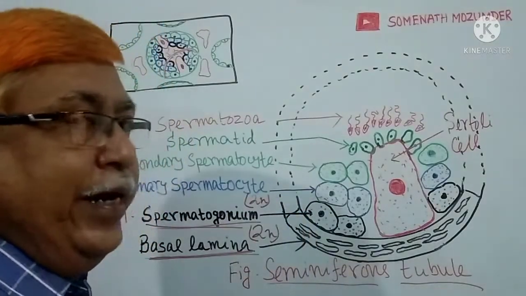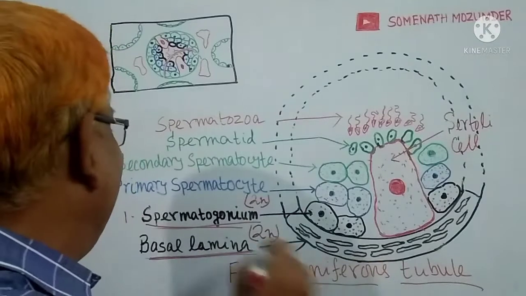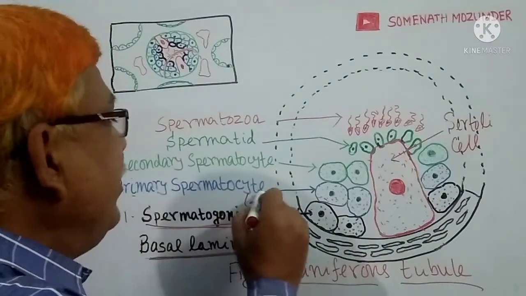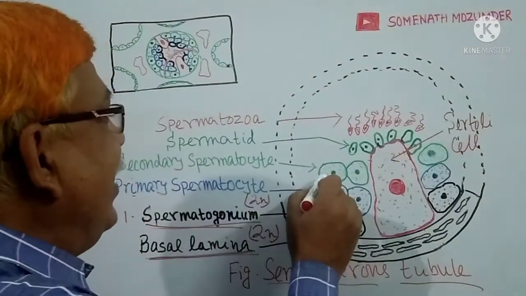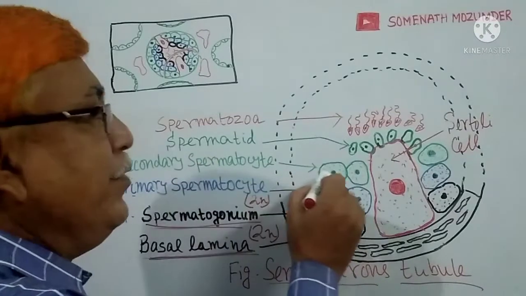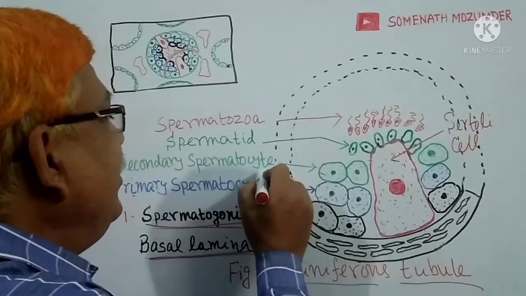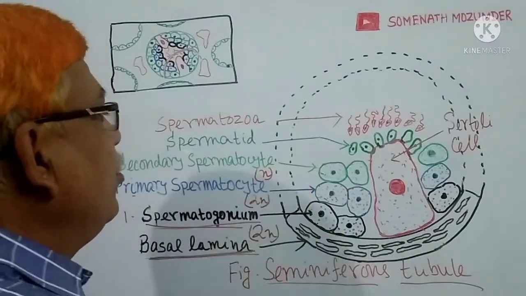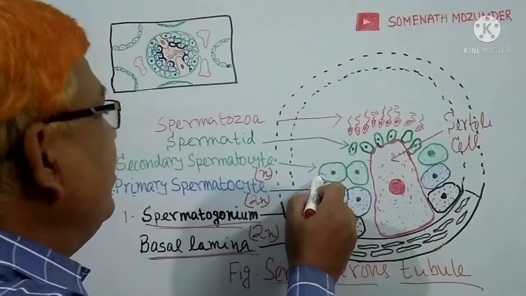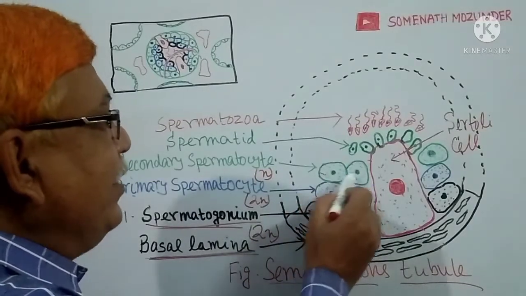Now meiosis cell division takes place, and as a result, from primary spermatocyte, secondary spermatocyte is developed and it is haploid in nature.